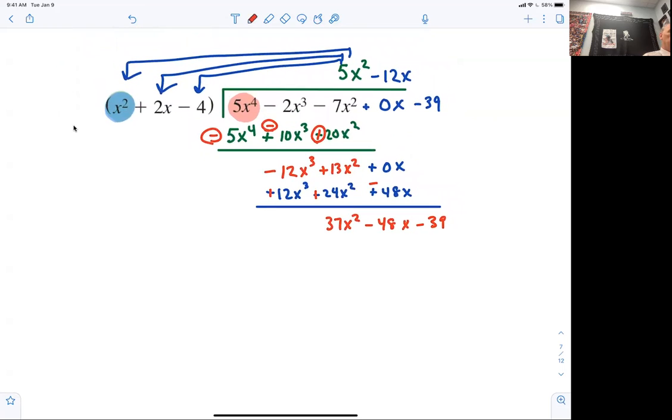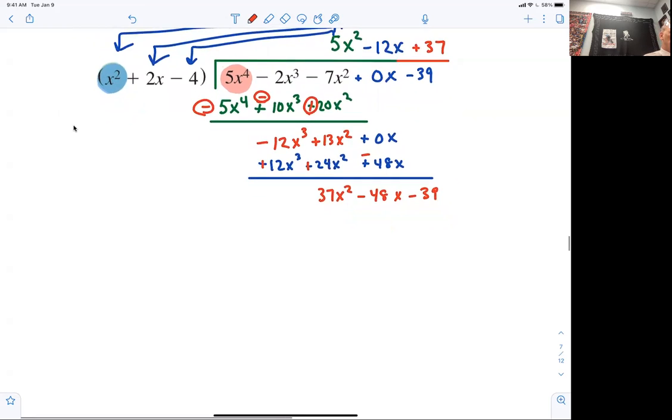All right, so Sam, now what? Shh. There you go. That's really simple. That's all there is to it. And so that's what? Yep, positive 37. Now just multiplying.